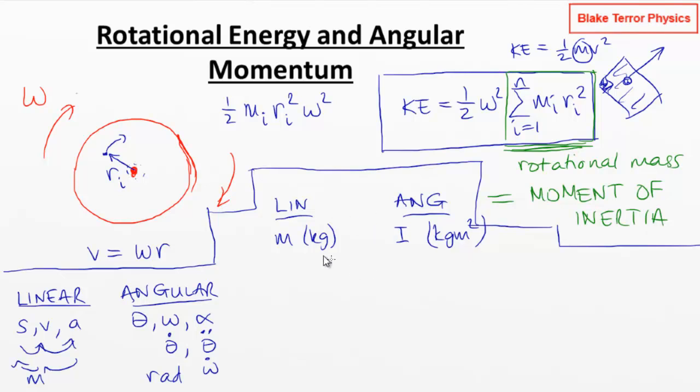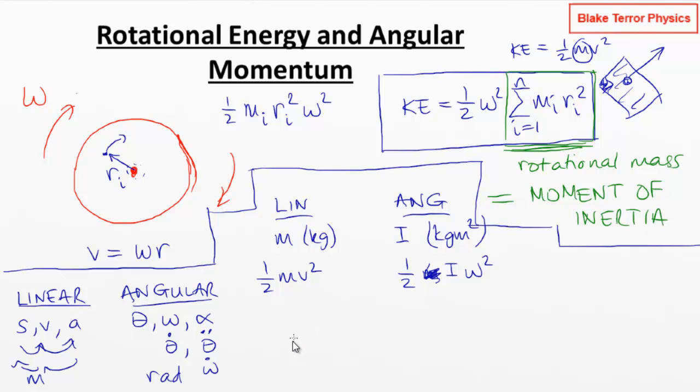So that's our linear mass and our rotational mass, our angular mass. Now we've got our kinetic energy as well. For kinetic energy, we've got a half mv squared. For angular, our rotational energy, we've got a half I omega squared, where I is our rotational mass. So a half mv squared, a half I omega squared. Again, a direct translation between the two things.